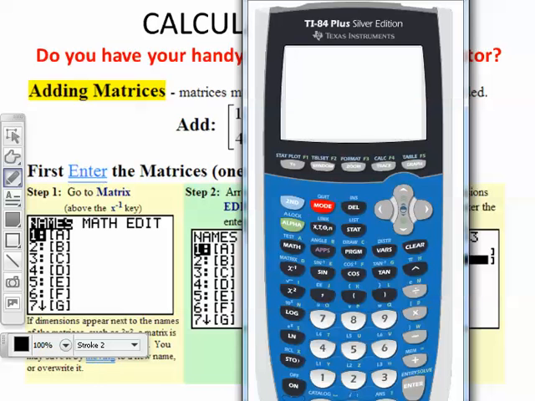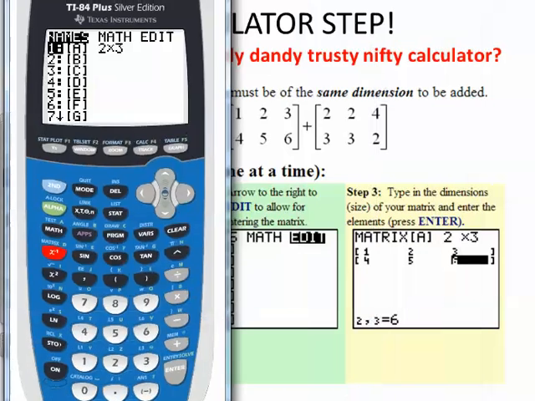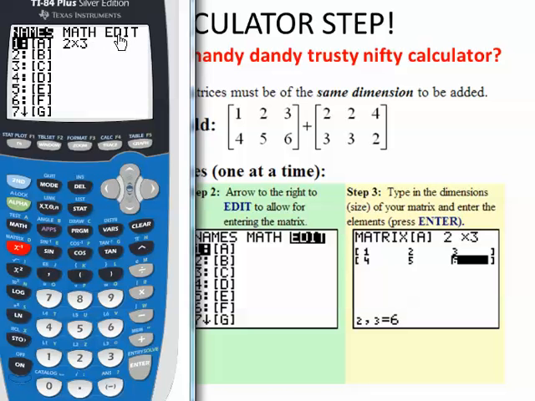If we want to enter a matrix, I'm going to push the second button, and the word matrix is right here, right below math. I push that button, and it brings up this same matrix information just like you see right here on the screen. If I want to enter a matrix in, all I've got to do is go over to edit.